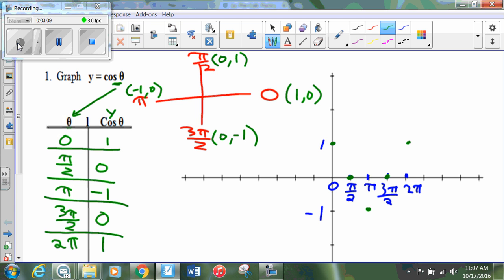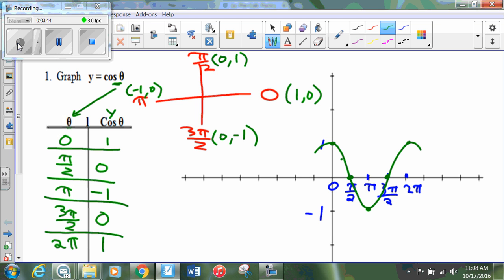So, we could connect these dots in a couple different ways. We could have it look like an absolute value, but it's not an absolute value. We could take the time to say, what's the value of the function when theta is pi over 4? It'd be root 2 over 2, which would be somewhere around here. We could fill in more of these, but basically, you remember from last year that sine looks like this, the curving up and down and up and down. So we're going to fill in.